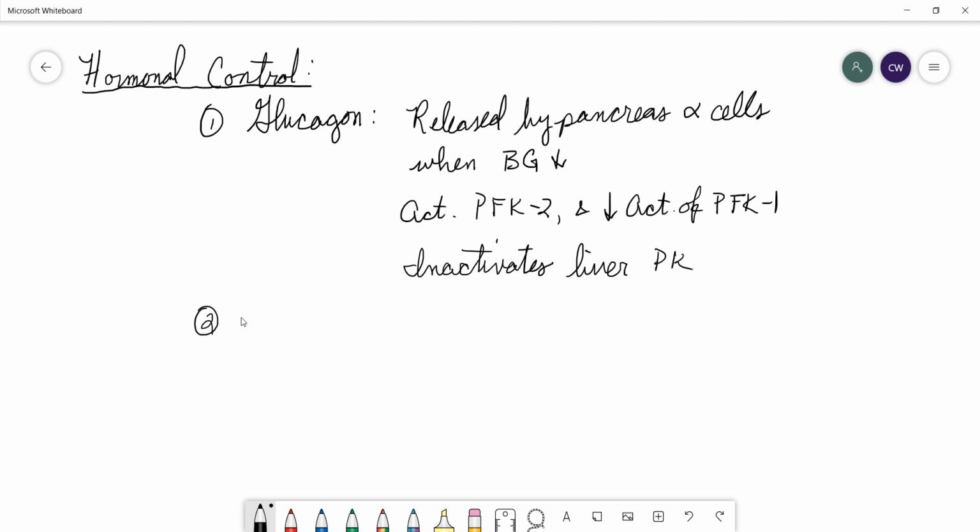Okay. Insulin is the sister hormone for glucagon. Okay. So insulin is released by pancreatic beta cells. In individuals with type 1 diabetes, typically what is found is that the beta cells either do not produce insulin at all, or the insulin they produce is mutated in some way to make it ineffective.